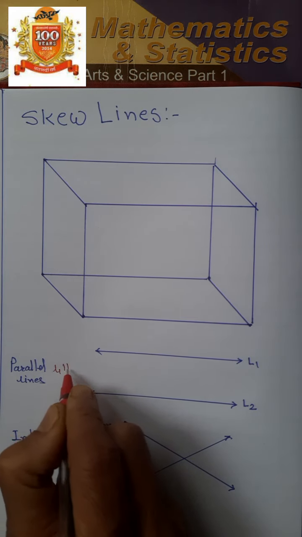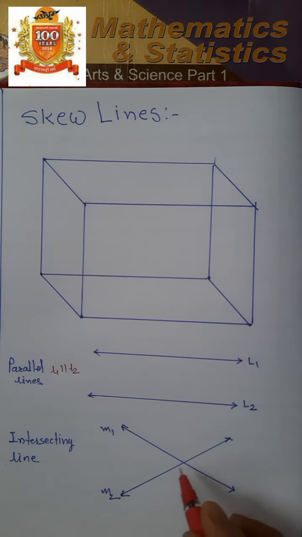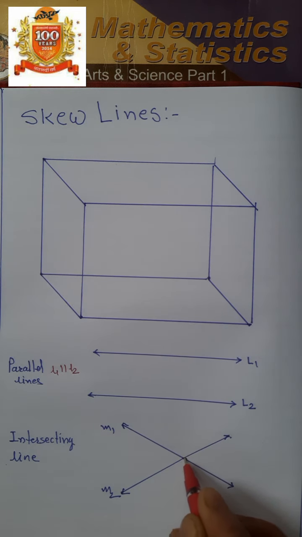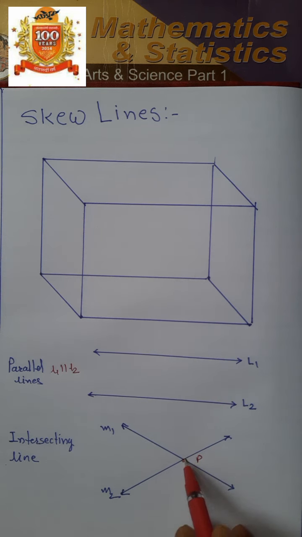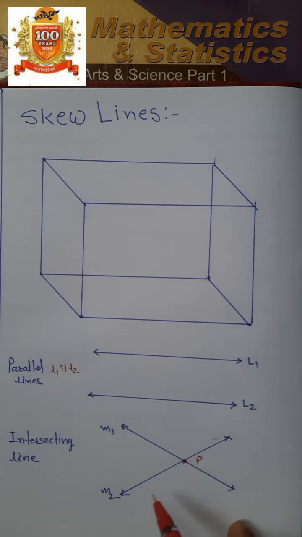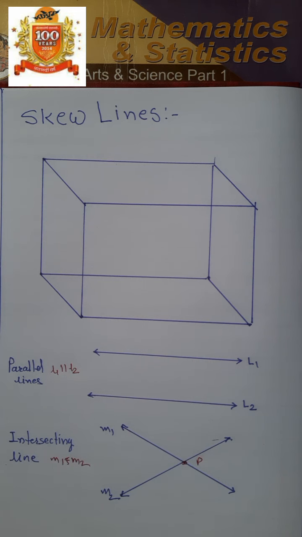L1 is parallel to L2. Here, observe these two lines, M1 and M2. These lines are called intersecting lines because they intersect at point P. This is the common point between these two lines. That's why we can say that M1 and M2 are intersecting lines.